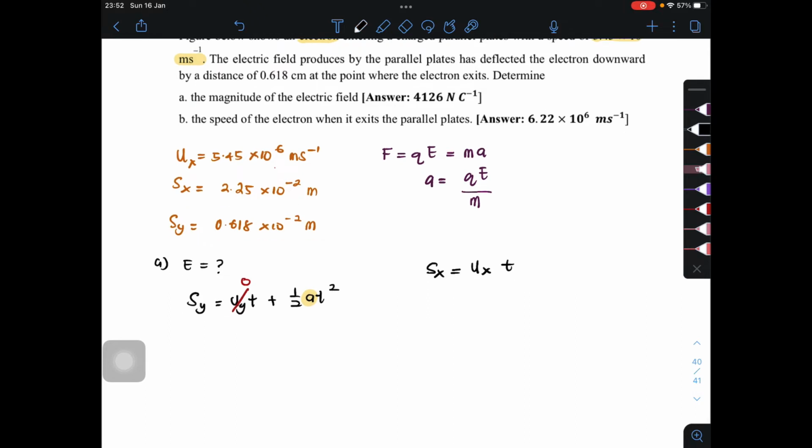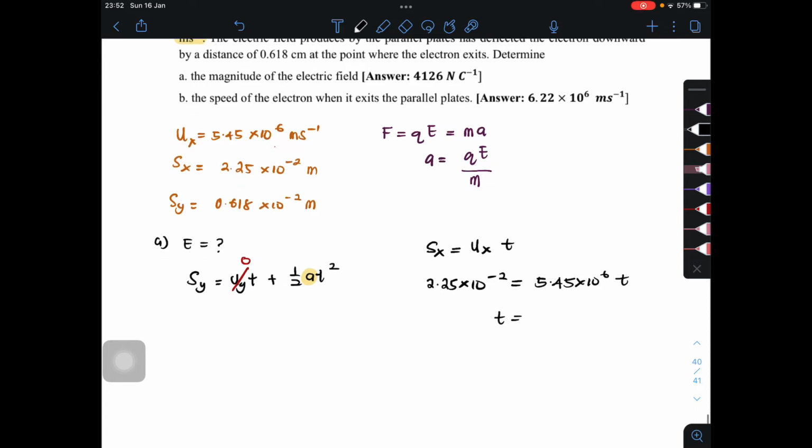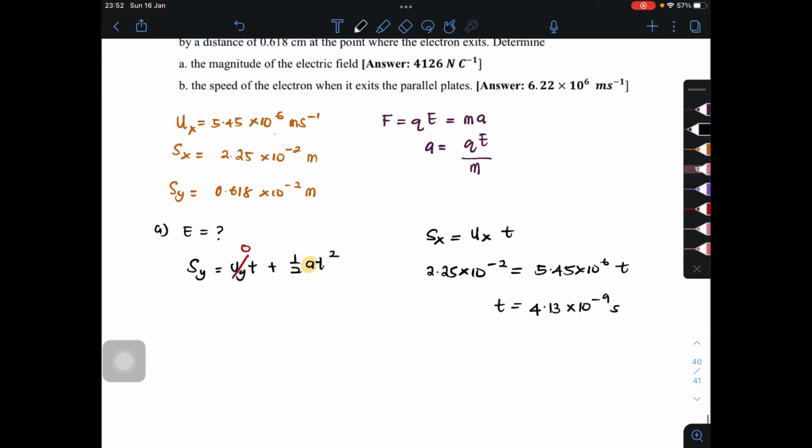Substitute 2.25 × 10^-2 for Sx, and Ux is 5.45 × 10^6. And then t equals 4.13 × 10^-9 second.